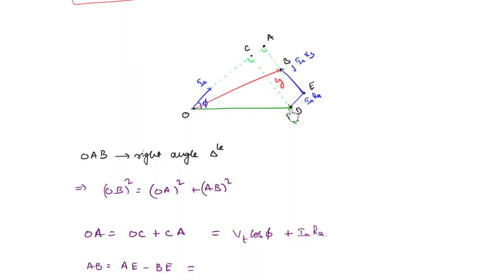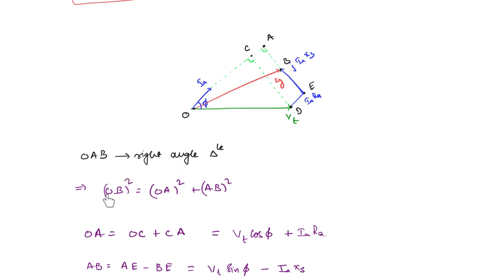So from this triangle you are going to get, this is VT, this is phi, so CD will be VT sin phi. So VT sin phi. Now what about BE? BE is simply the drop across the reactance. So you are going to get minus IaXs.